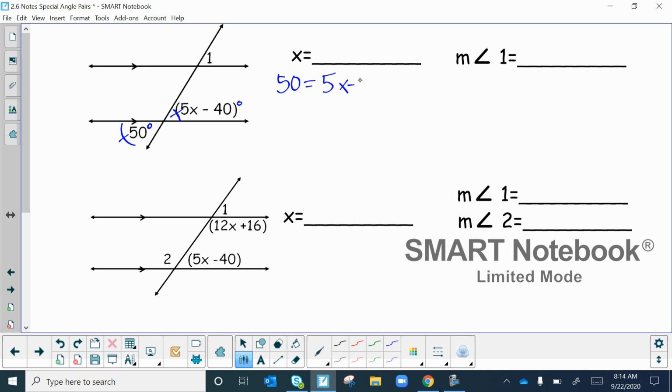So 5x minus 40 is equal to 50. I'm going to add 40 to both sides. 90 equals 5x. Divide by 5. 5 goes into 90 18 times. So x equals 18. And then you want to plug that in, figure out.